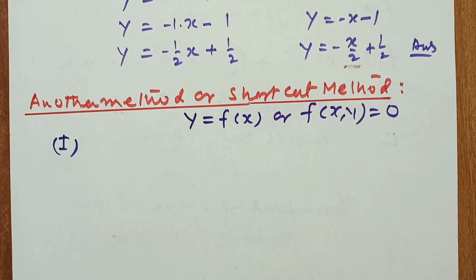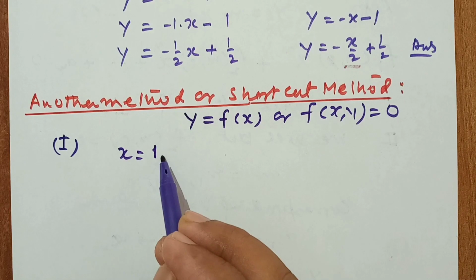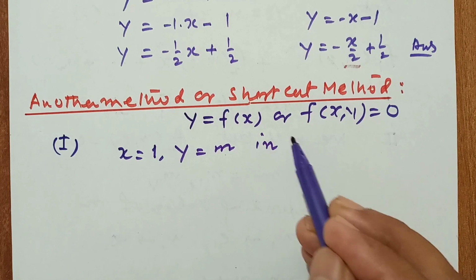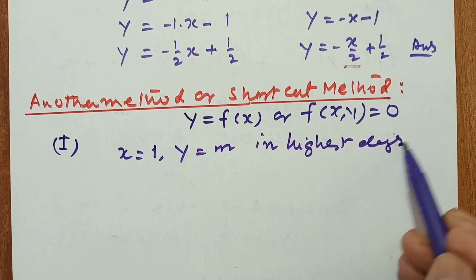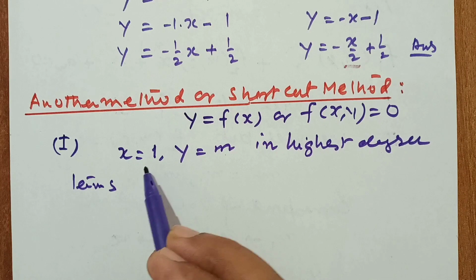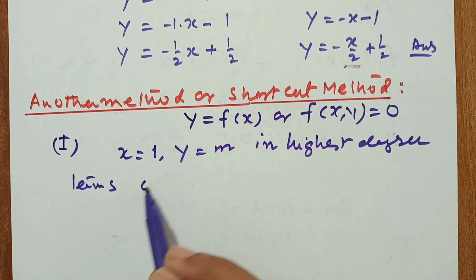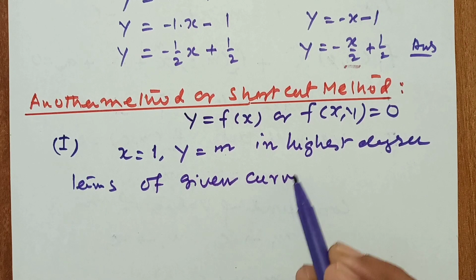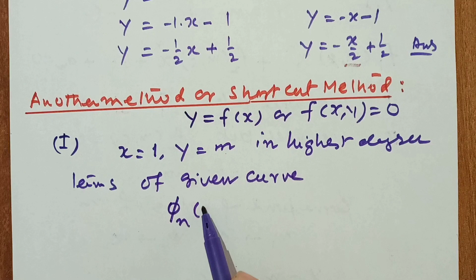First step is, we will put x is equal to 1 and y is equal to m in the highest degree term of the given curve, and we calculate phi n m.